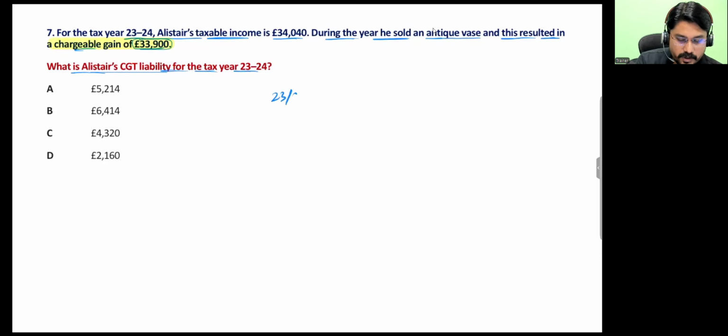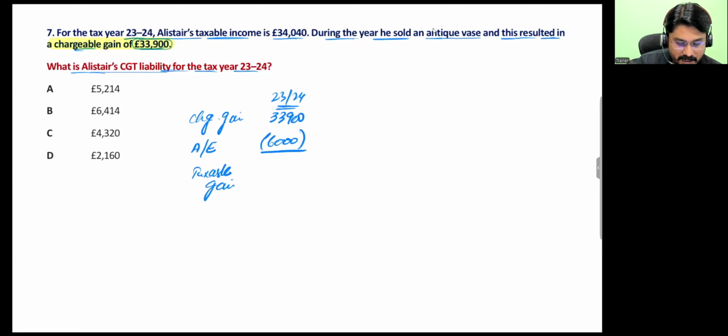For the fiscal year 23-24, we have a chargeable gain given as 33,900. If no other disposal is there, from the chargeable gain we deduct the annual exemption of 6,000. Thereafter, the taxable gain is computed, and the taxable gain for this question is 27,900. But the requirement is to calculate the tax liability, not the taxable gain.